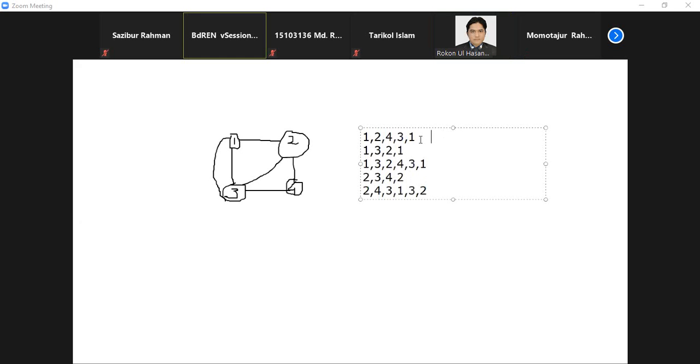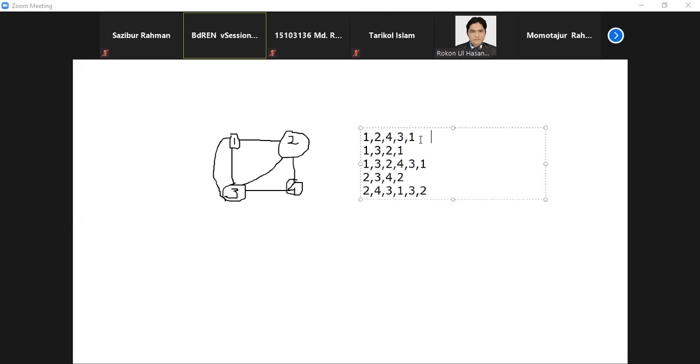Why do you say the first one is not a simple cycle? Because there are more than three nodes. At least three means there can be more. The minimum is three nodes, but there can be more, but never less.